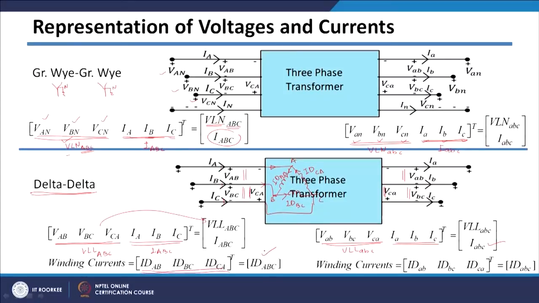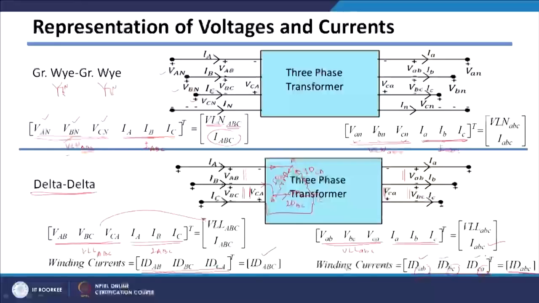Similarly on the secondary side, ID abc are basically three delta currents which are represented by these three terms, and these small letters a, b, c, as I told you, represent your secondary side, and capital letters represent your primary side.